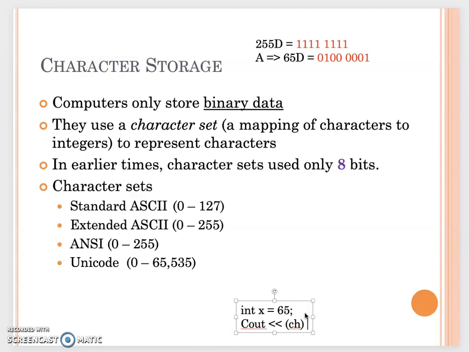So you cast this x value, which is an integer, but when I do the cout, I can do this so that I want to display in the character format. That's why they will know you want to display the character format. They will use this value to find the ASCII value, then they will display A.